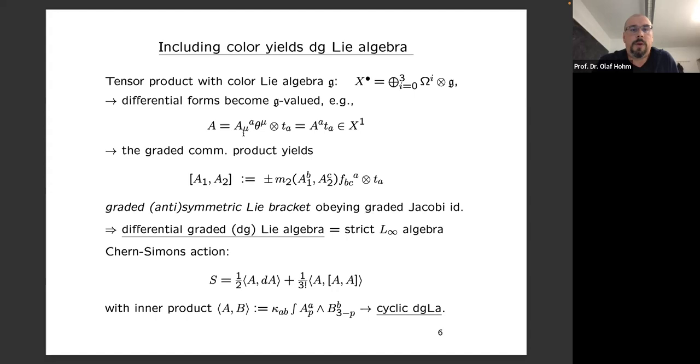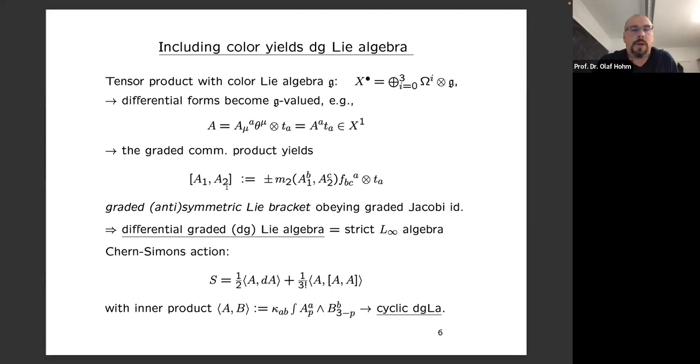We have two indices, the one form index mu and the new color index A that contracts the generators. And sometimes I write it like this, suppressing the one form character. So then A summed with T_A is just meant with the understanding that A^A is a differential form, so one form in this case.